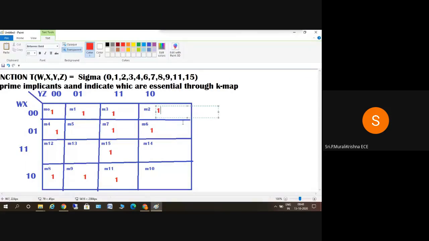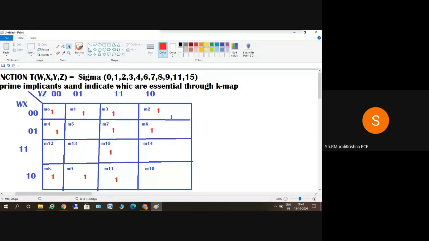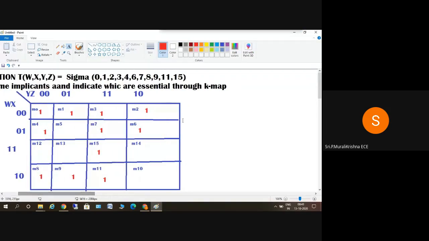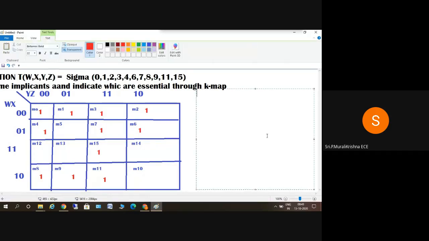So these are the terms here, and we have to go for the grouping, grouping the terms, with the maximum possible groups. First of all, there is no octet possibility, but we have quads here.